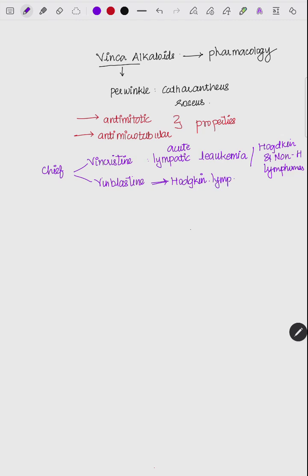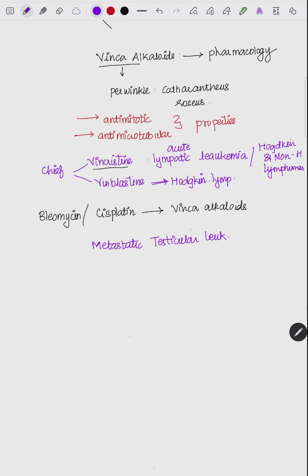Now the antibiotics bleomycin and cisplatin can be used with vincristine or vinblastine, that is with the Vinca alkaloids, to treat metastatic testicular cancer.